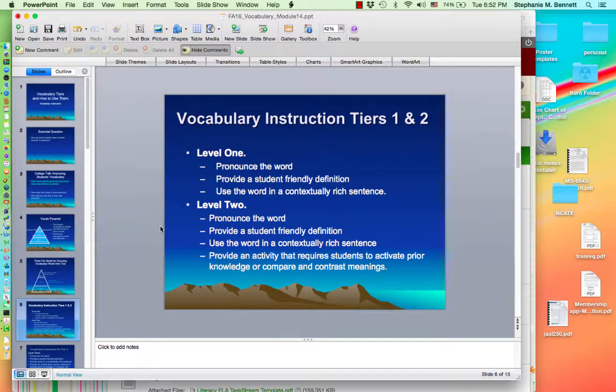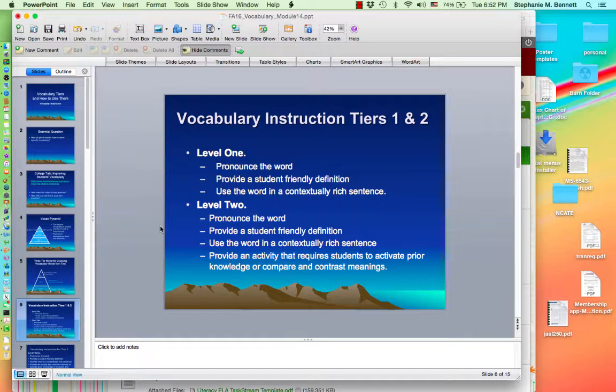So if we are teaching Tier 1 and Tier 2 words, we want to pronounce the words, provide a student-friendly definition, and then use the word in a contextually rich sentence, teaching our students vocabulary in context versus giving them a list of terms, having them define them, memorize them, and then take a test on Friday.